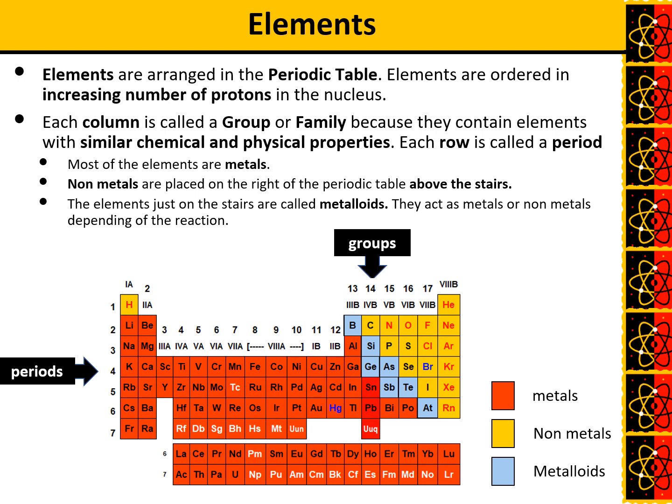We say that the elements are located in the periodic table, and they are arranged in increasing number of protons, not increasing mass, increasing number of protons. That means that if I look at element number 6, it's because it has 6 protons. When they are arranged in the periodic table, we can see columns and rows. The rows are what we call periods, and the columns we call groups.